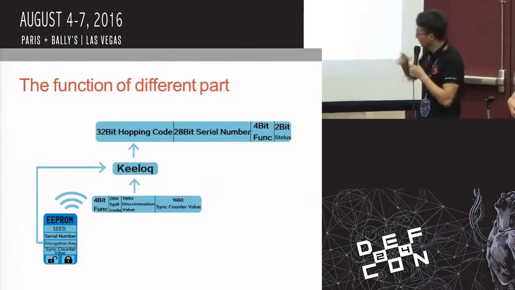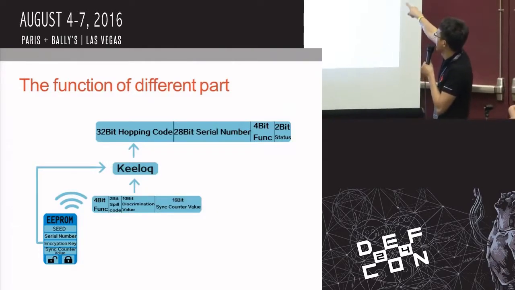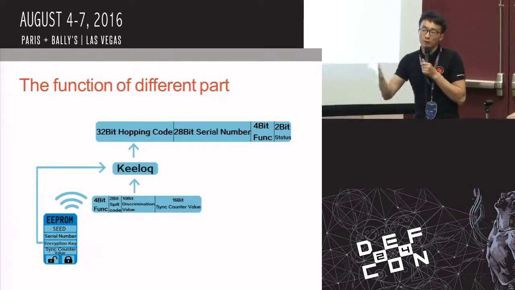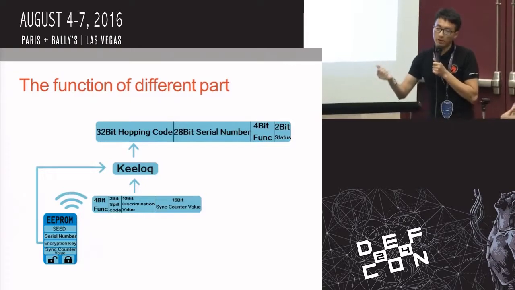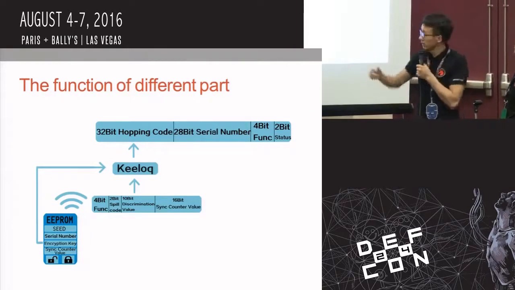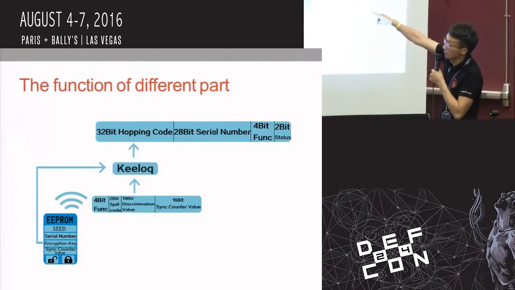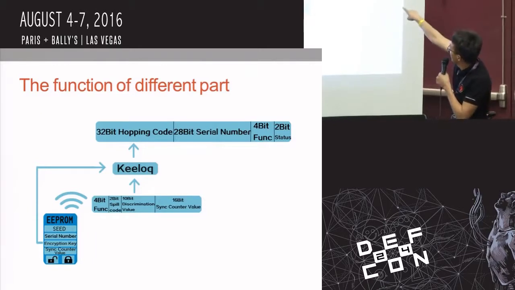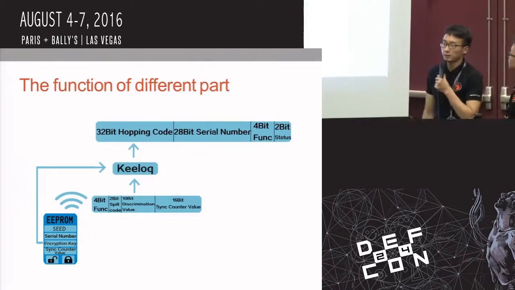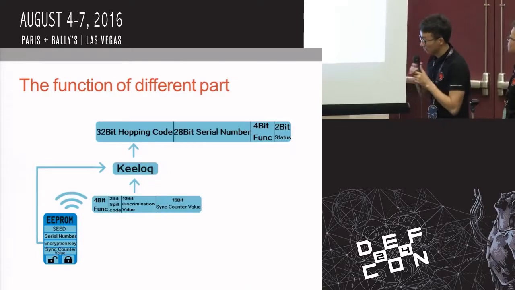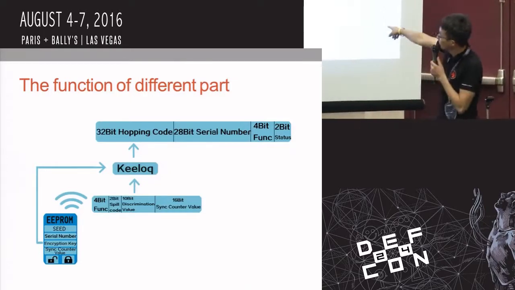Okay, and let me tell you how they use this sync counter. When you press the key fob, the key fob will send out the 32 bits hopping code, which is the encrypted version of the content, plus this part, the sync counter.